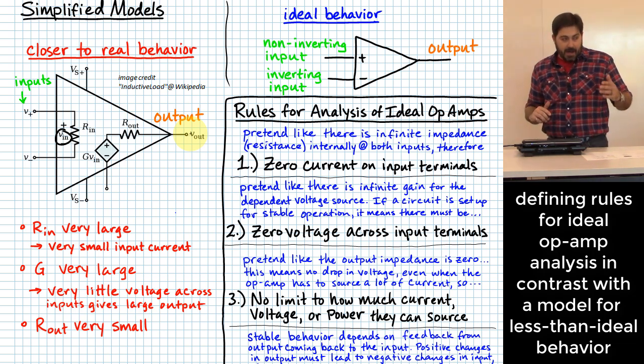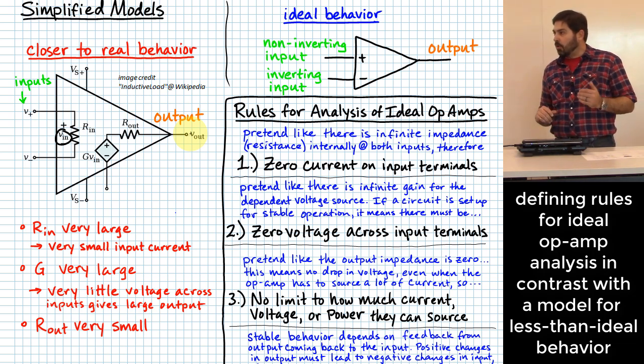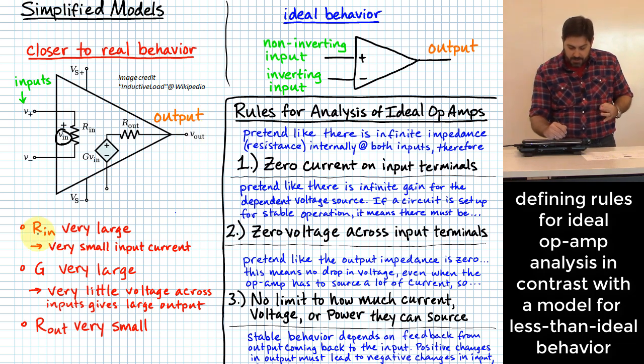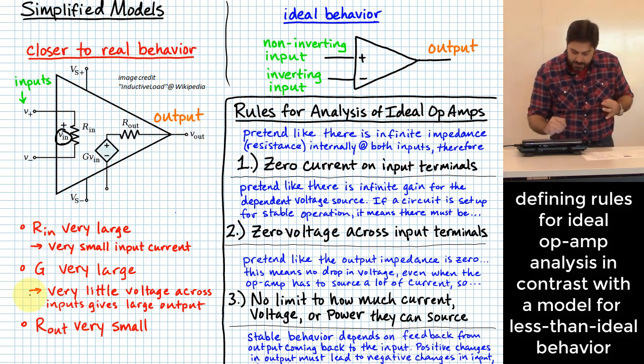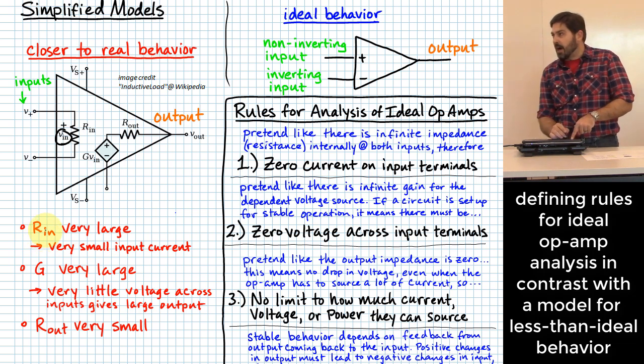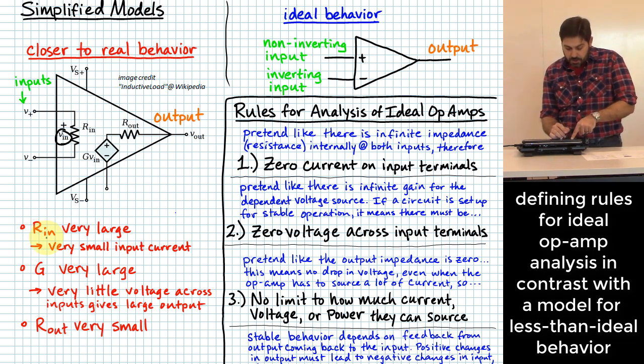Okay? Now, when they make one of these op-amps, they're trying to do a few things that I'm going to talk through on these bullets. First of all, you have a better op-amp the larger you can make this Rin.